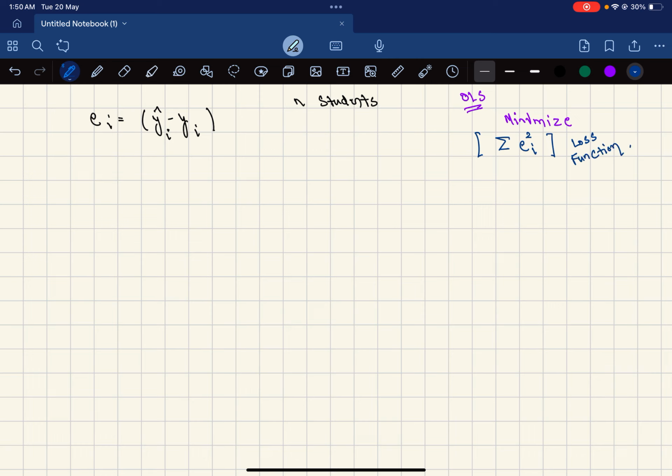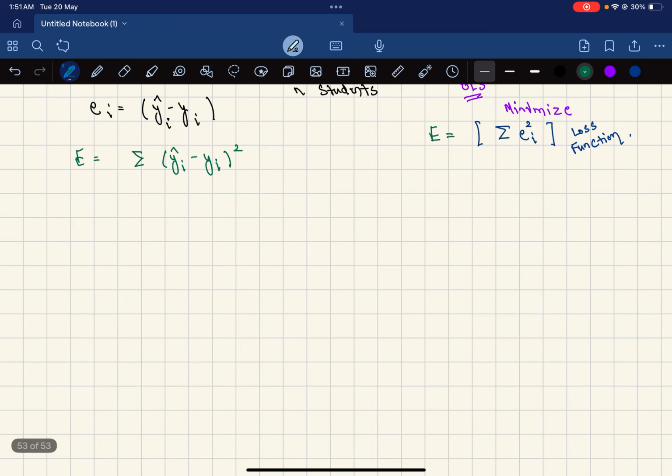And we have to minimize this particular function now. So let us call it capital E here. Okay. Now, if we have to calculate capital E, we can write it as summation of yi minus y hat i whole square. Now we are summing up the error terms for each of the n points which we have. So this goes from i equal to 1 to n.